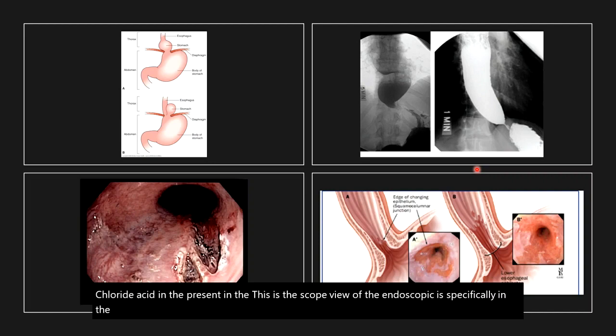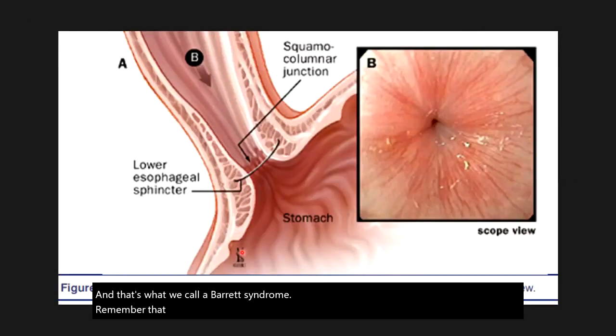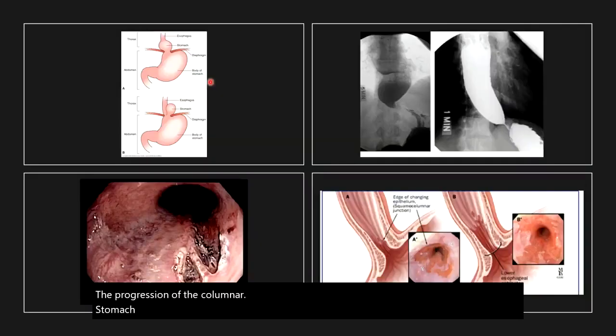Remember that in Barrett syndrome, the change of the epithelium, the progression of the columnar stomach epithelium into the esophagus, is one of the risk factors to develop adenocarcinoma. The other type of esophageal carcinoma is the squamous cell carcinoma.